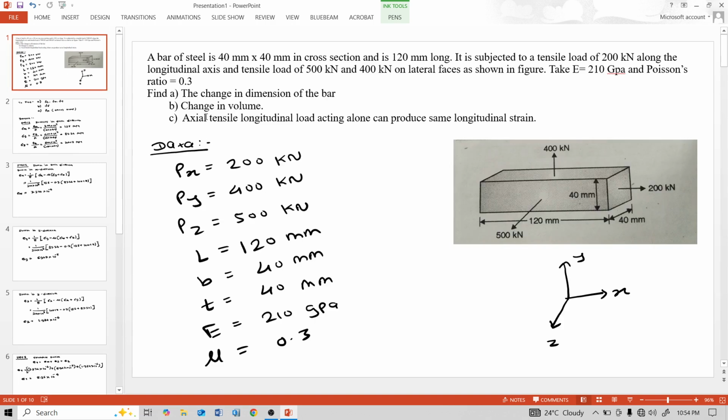Next, C is axial tensile longitudinal load acting alone can produce same longitudinal strain.